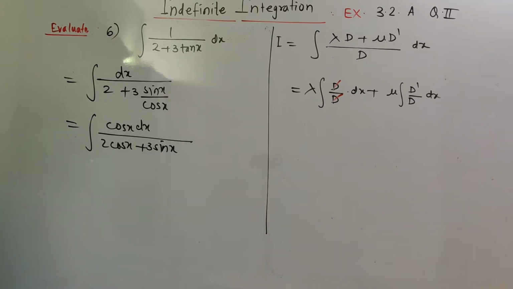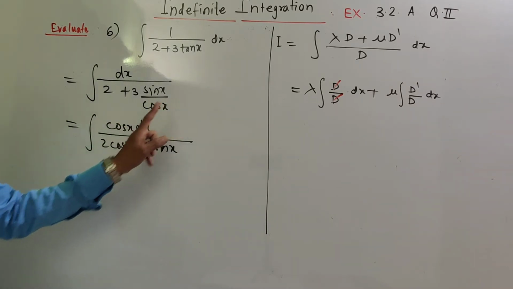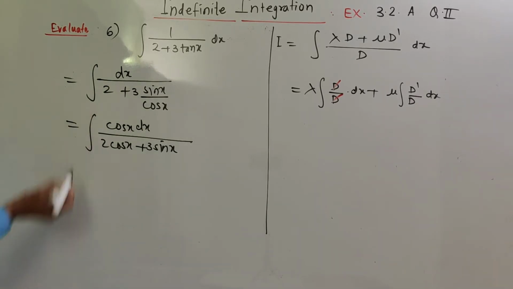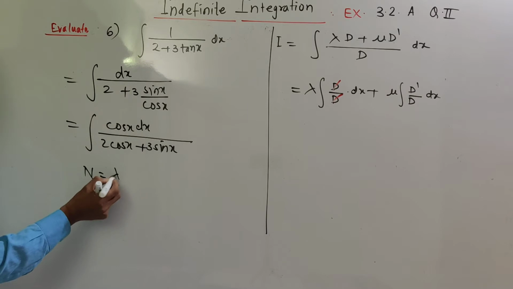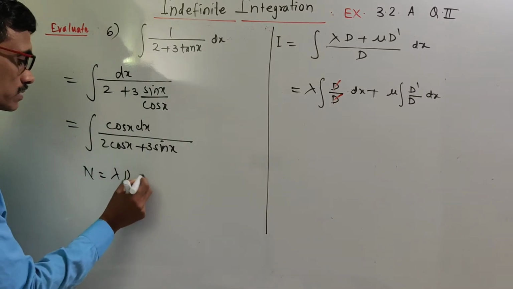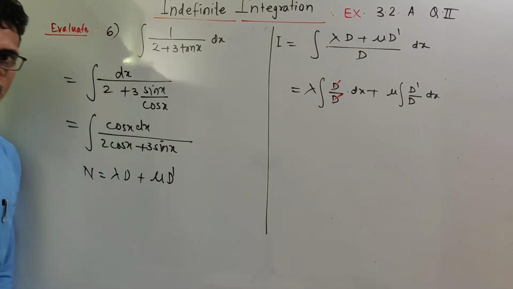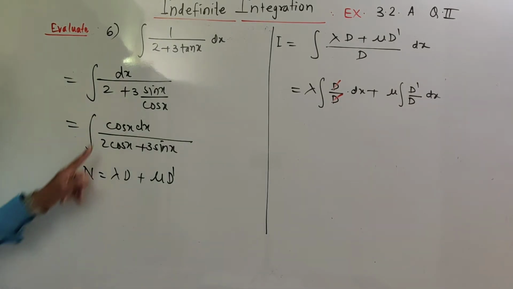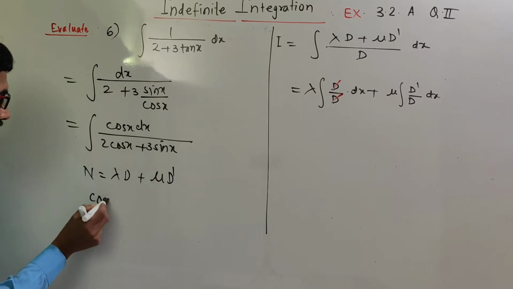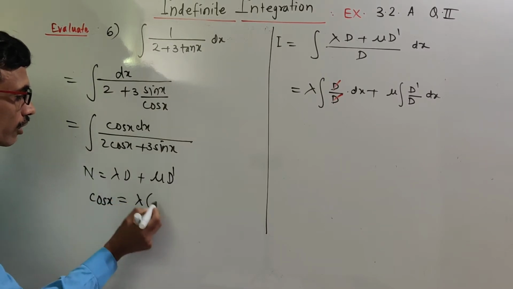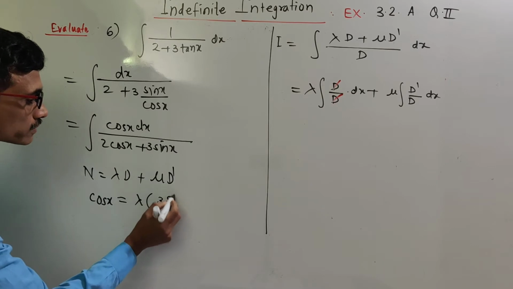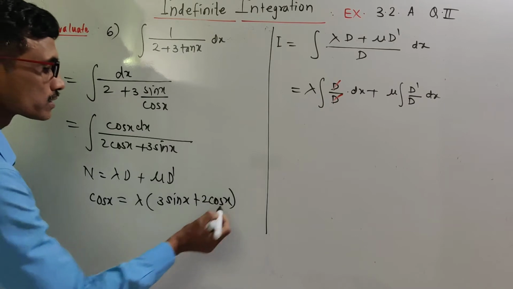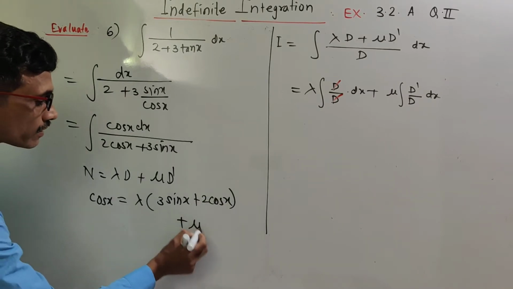Now it is of the same form, a sin x plus b cos x upon c sin x plus d cos x. So here we write numerator is equal to lambda into d plus mu into d dash, where d is the denominator and d dash is the derivative of the denominator. The numerator is cos x, equal to lambda into the denominator, 3 sin x plus 2 cos x, plus mu into the derivative.